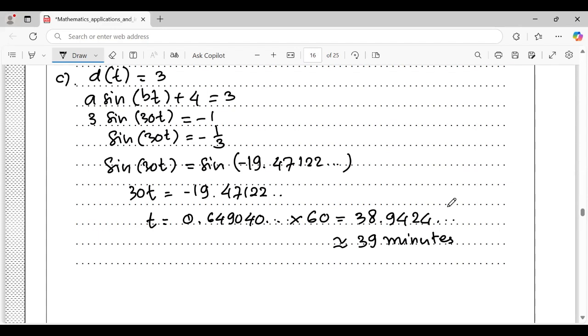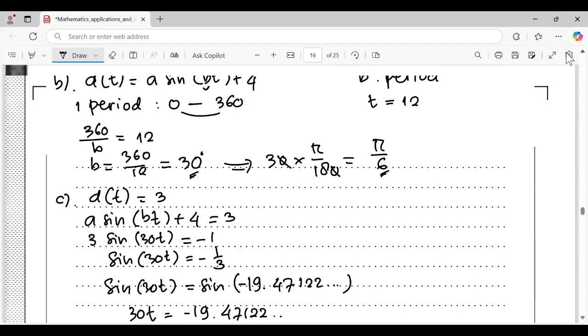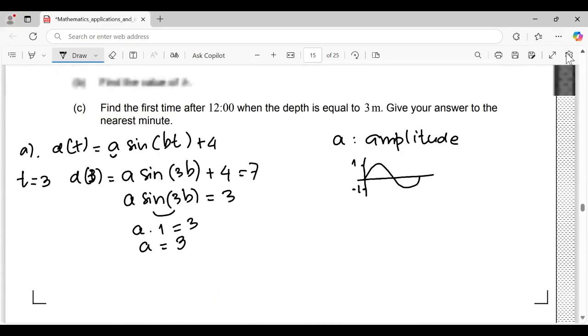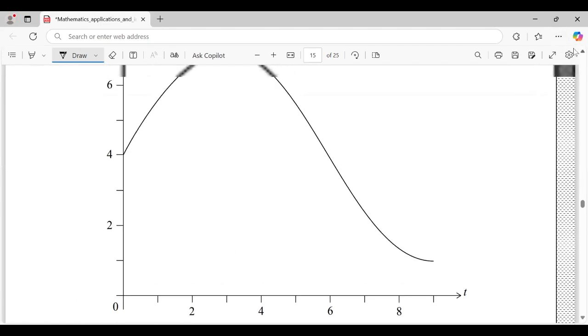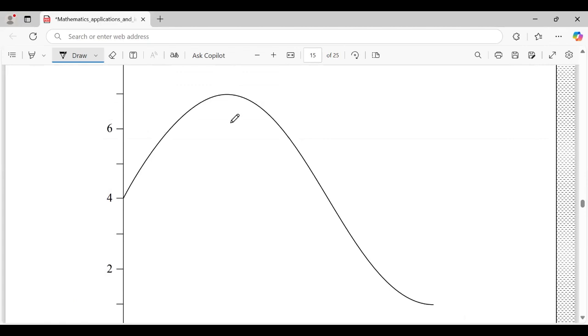Now we determine the time after 12 p.m. Look at this: this is 3, the water level 3.